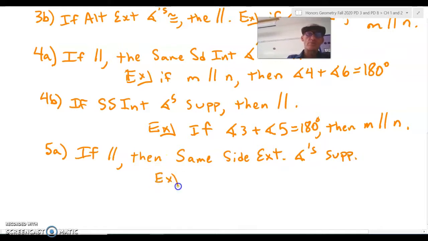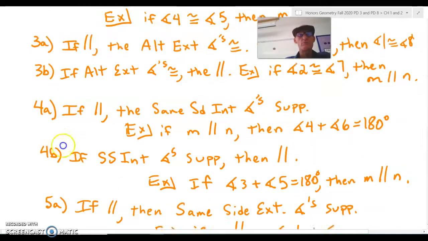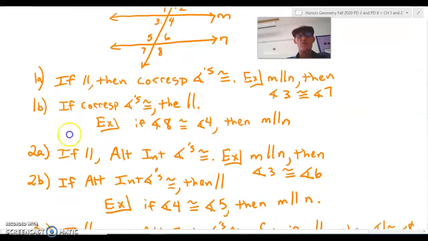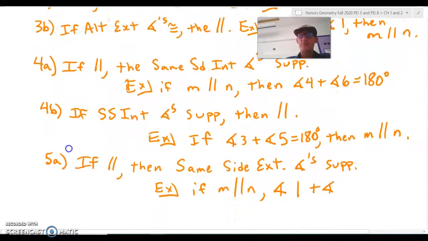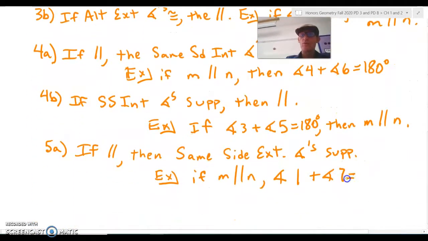Example, if M parallel to N, angle 1 plus angle 7 equals 180 degrees.